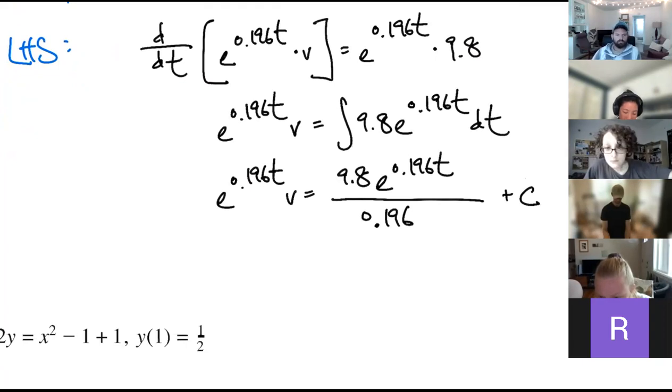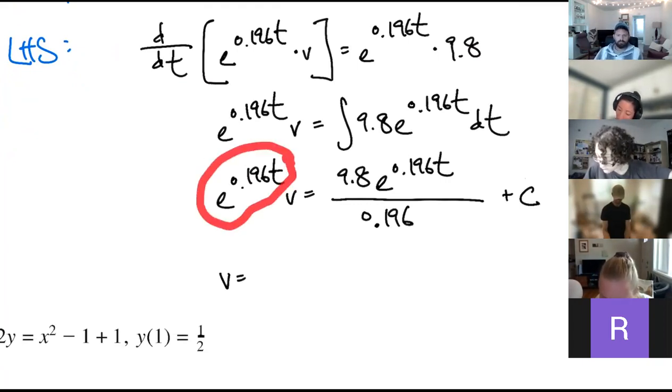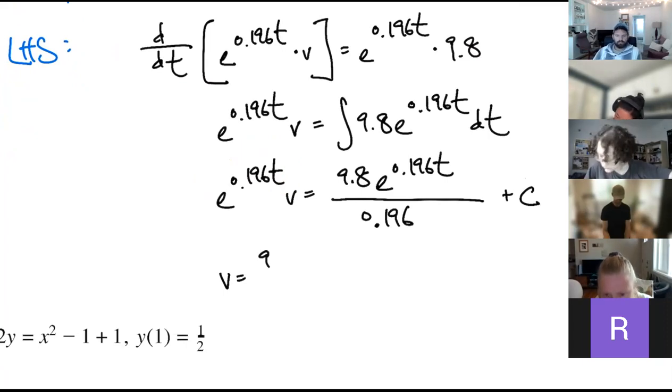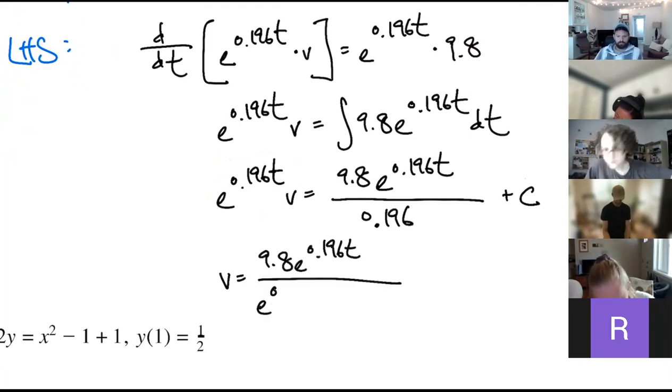All right, so let's go ahead and isolate our v. The last thing we're going to do is divide through by this. And usually, but not always, some things will cancel out.